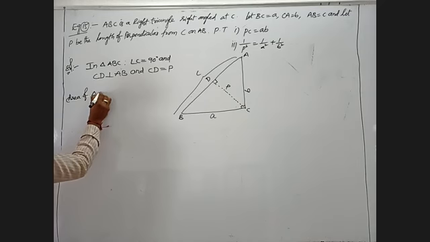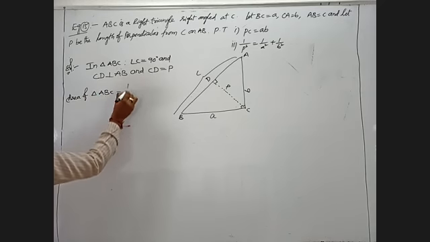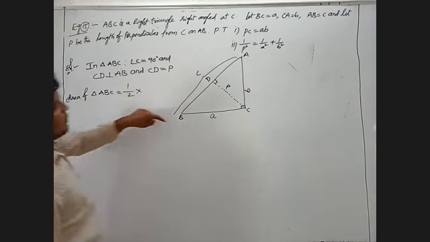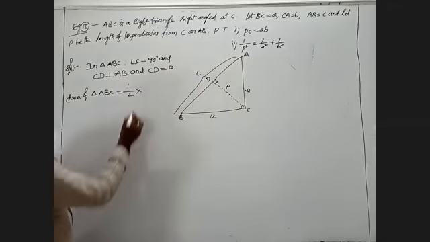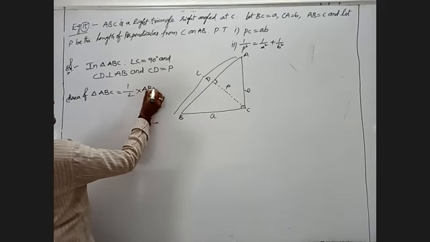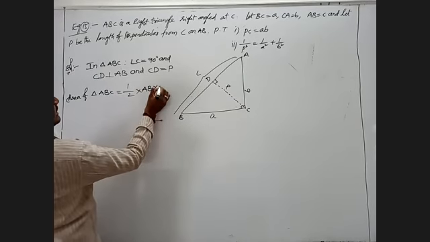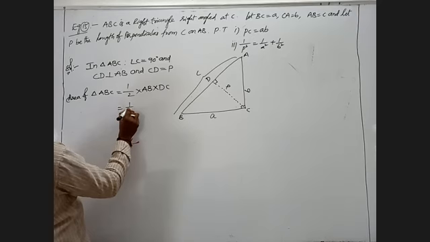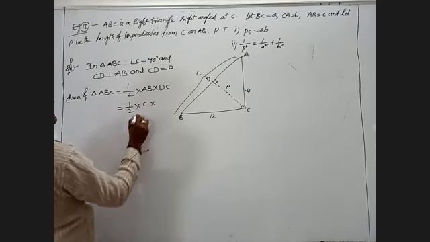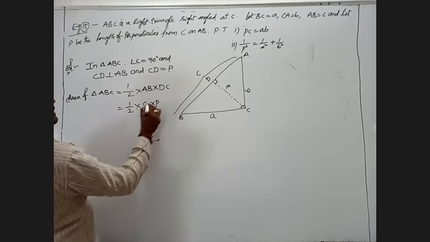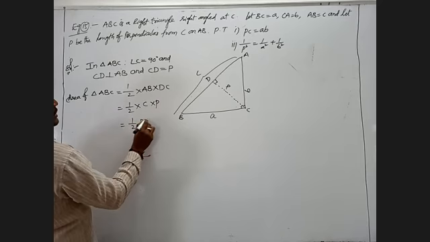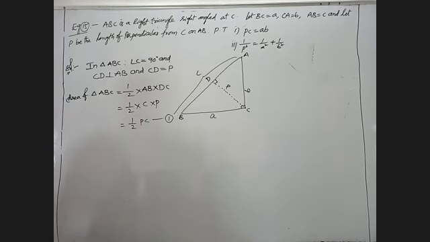Area of triangle ABC is half base into height. The base is AB and the height is DC, where AB is c and DC is p, so I will write 1 by 2 pc. This is equation number 1.